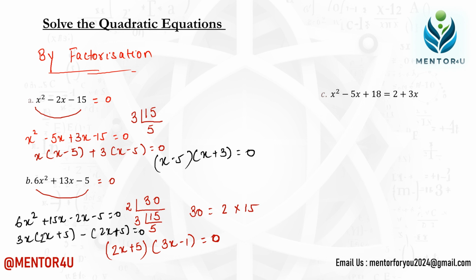When we equate both of them to 0, we will get the values of x. Here 2x plus 5 equal to 0 gives x equal to minus 5 by 2, and similarly 3x minus 1 equal to 0 gives x equal to 1 by 3. Those are the values of x. When you substitute those values of x back in the quadratic equation, the complete value of the quadratic equation will be equal to 0.